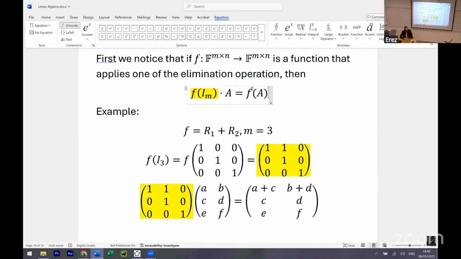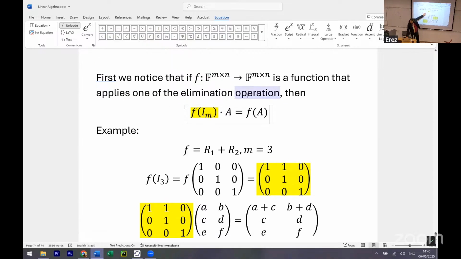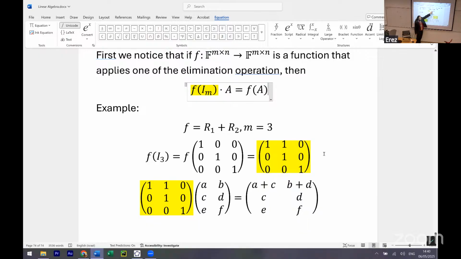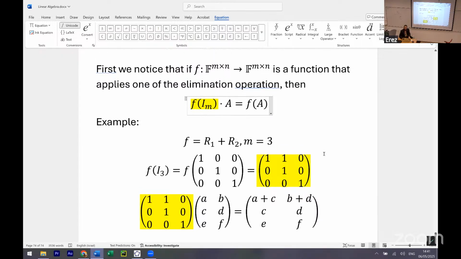That means that if you wish to do any elimination operation of the 3 we learned on a matrix, you can simply multiply by the correct matrix, which is doing the operation on the identity. It's not a proof, and again, I will leave it for you as homework to prove that it's always true.